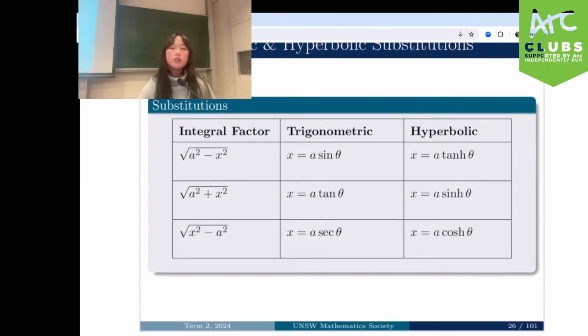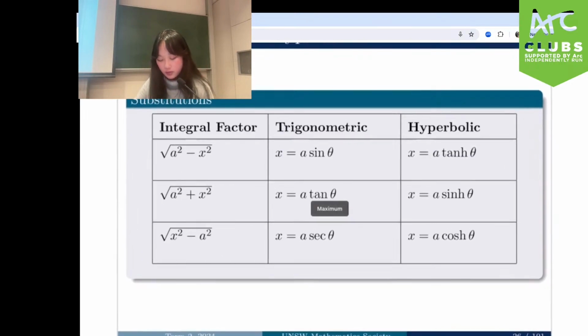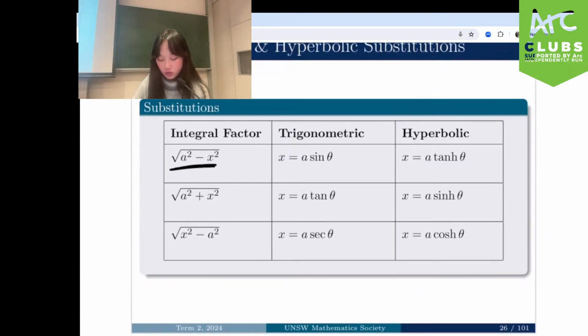All right, so let's look at some substitutions that we could do to make some integrals just a little bit more doable. The first one is this one, and it's based on the trigonometric identity sine squared plus cos squared, I'll use theta. Sine squared plus cos squared is 1, which means that 1 minus sine squared is cos squared.